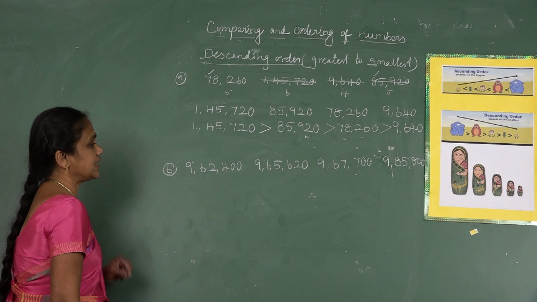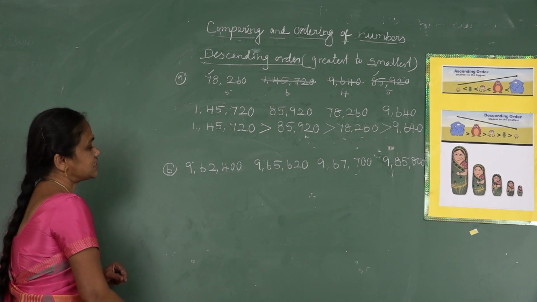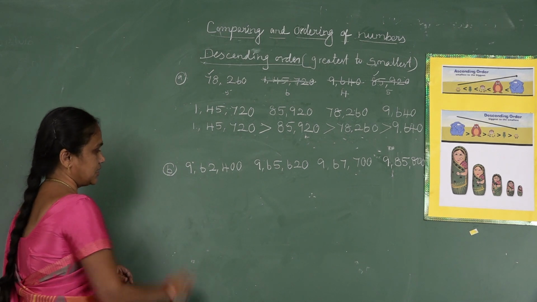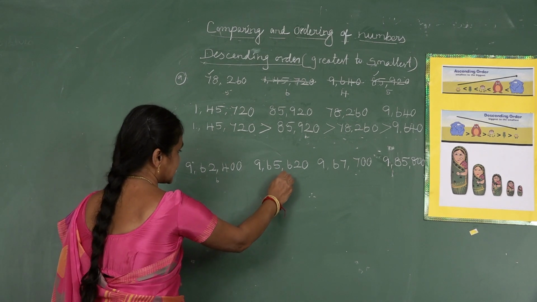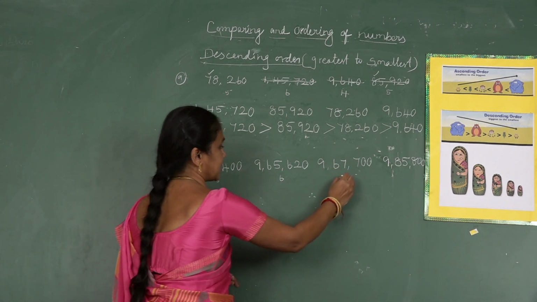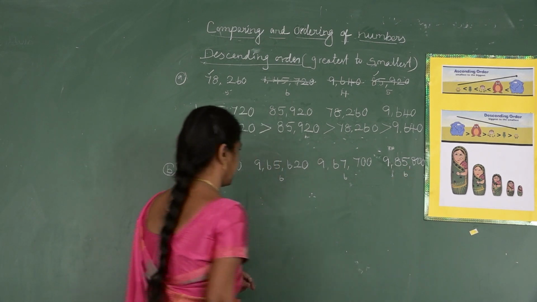First we write the greatest number. First we check the number of digits. This number has 6 digits. This number has 6 digits. This number has 6 digits. This number has 6 digits.